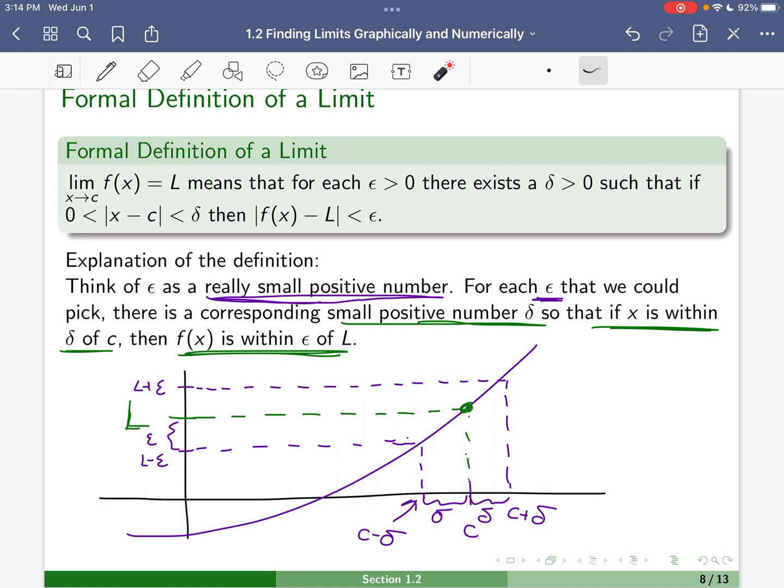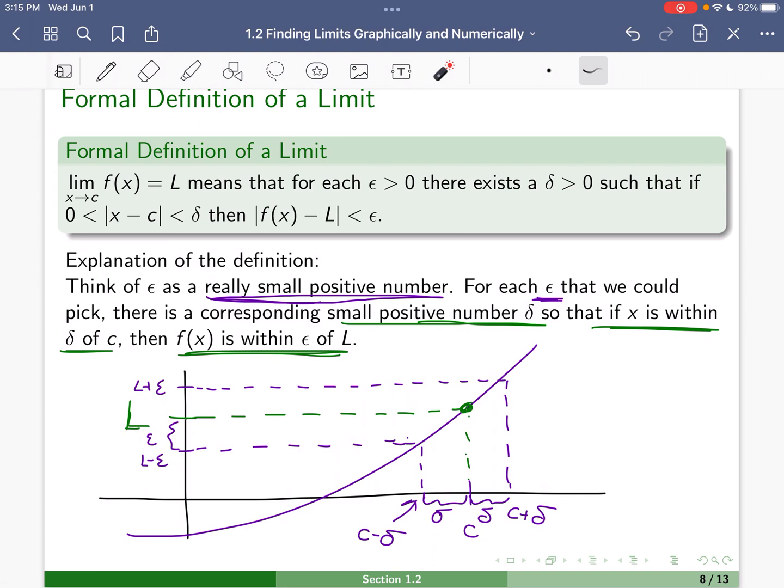You could have some value on the left and right, and then you would just pick delta to be the more restrictive of the two values, whichever is the smaller. So if we could go 0.7 on this side, but only 0.3 on this side, we'd just stay within 0.3, and up above, I might not be able to get all the way up to L plus epsilon, but I'll still be less than epsilon away from L.